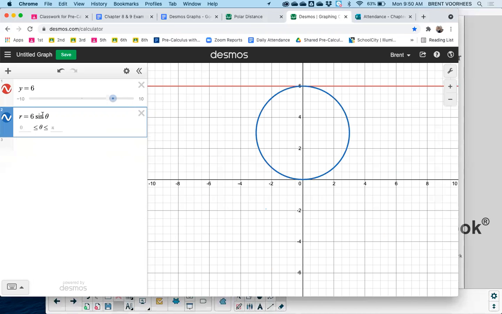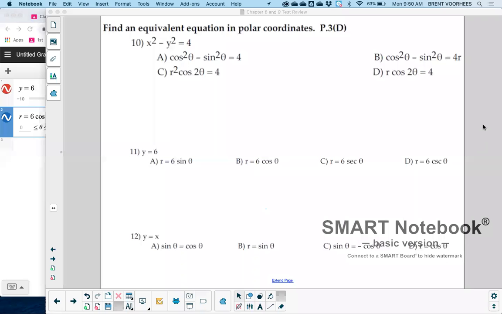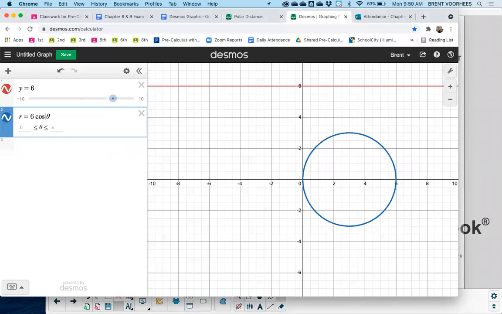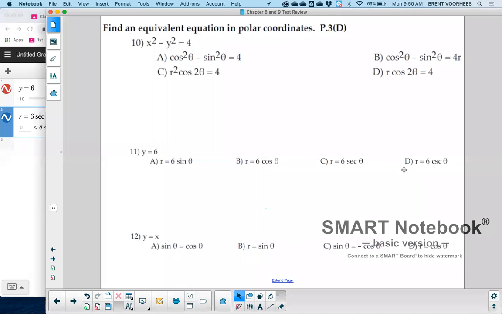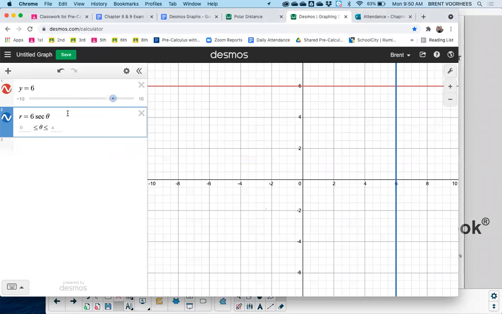B says R cosine theta. B is wrong. C says 6 secant. Ooh, there's a straight line, but it's not overlapping. D is cosecant. And this one overlaps. So the answer would be D.